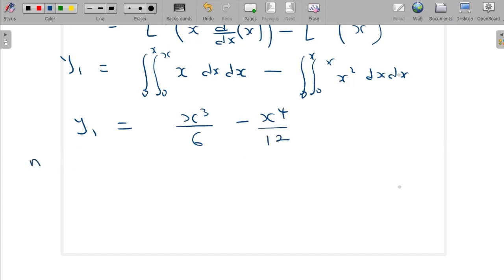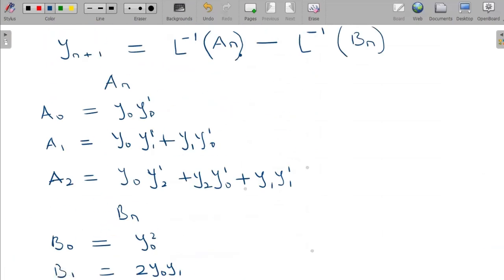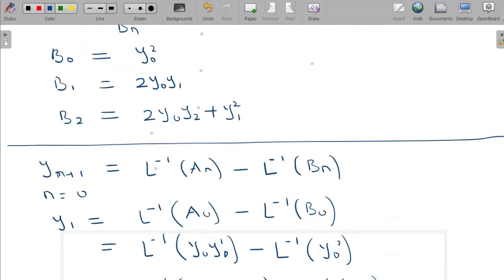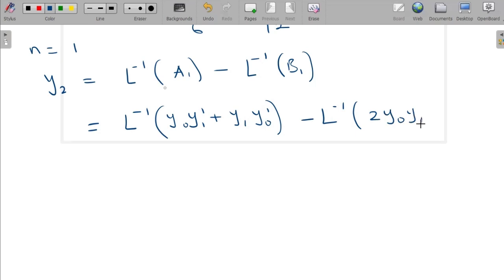Quickly, when n is 1, y2 will now become L inverse of A1 minus L inverse of B1. From the Adomian polynomials, this is our A1 and this is our B1. Substituting that here, we have L inverse of A1, which is y naught y1 prime plus y1 y naught prime, minus L inverse of 2 y naught y1.